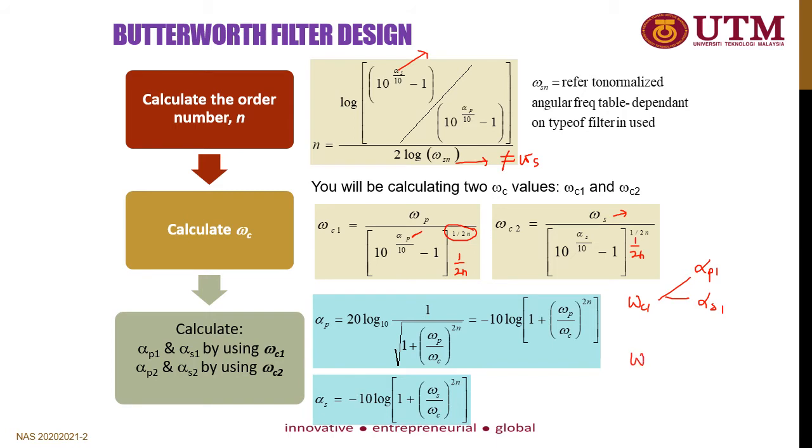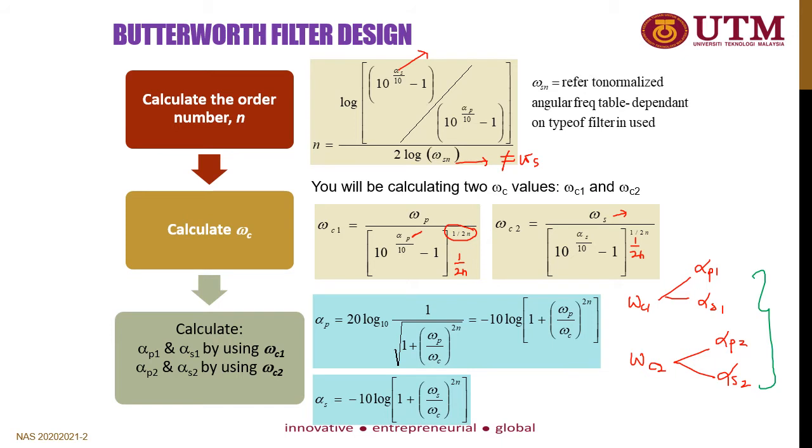Using omega c2, you need to calculate alpha p2 and also alpha s2. Then you need to compare the calculated gain with the specification stated in the requirement. From there, you'll see which gain fulfills the requirement. Therefore, that omega c will be chosen.